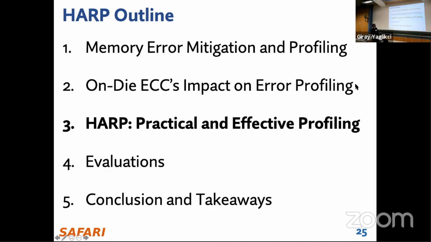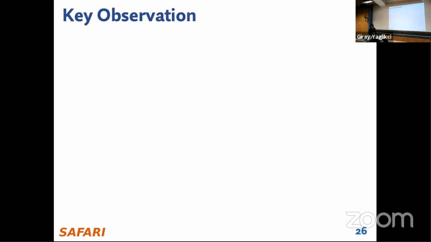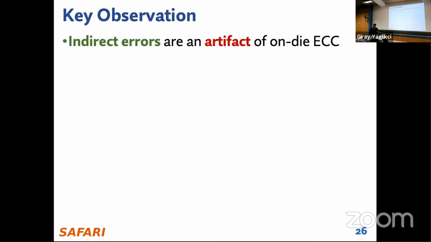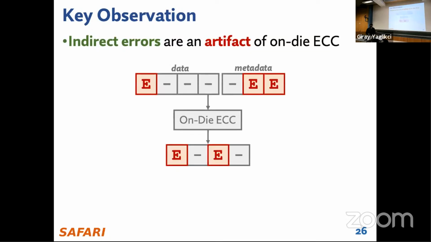All right, so let's move on to HARP, which is addressing these three challenges. HARP is based on a very simple key observation: these indirect errors really are a byproduct of on-die ECC, essentially the error correction process. Here I'm showing the same diagram we've seen before.